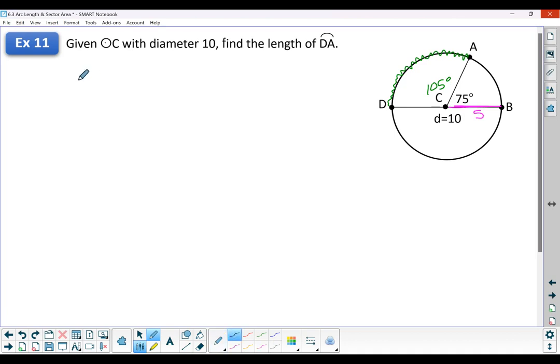So the arc length, we usually use the letter S for arc length, but it's okay if you don't use S. You can just calculate the arc length. That would be 105 divided by 360, that's the portion of the circle, multiplied by 2 pi times 5.